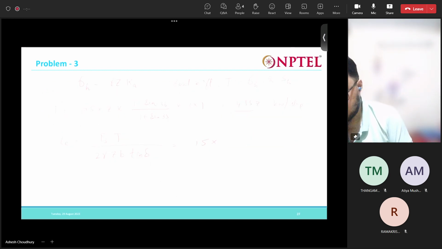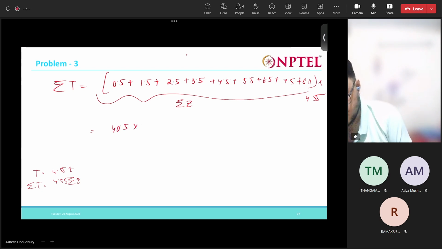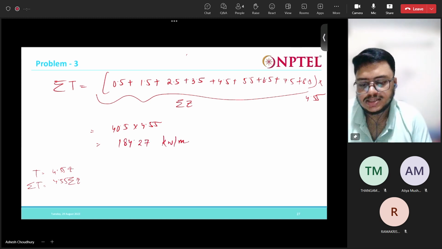So 0.5 plus 1.5 plus 2.5 plus 3.5 plus 4.5 plus 5.5 plus 6.5 plus 7.5 plus 8.5 equals 40.5. 40.5 into 4.55, 184.27 meter.